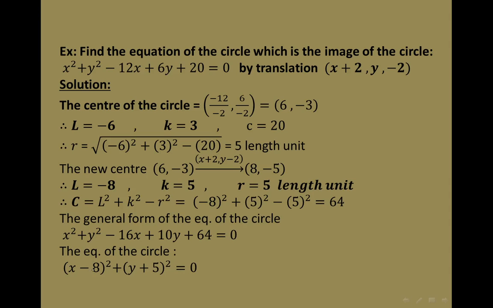Then x minus 8 all squared plus y plus 5 all squared equals r squared. I'll correct this part, equals r squared, and here the radius of the circle equals 5 length units, meaning this part equals 25.